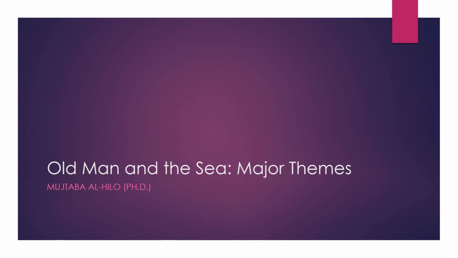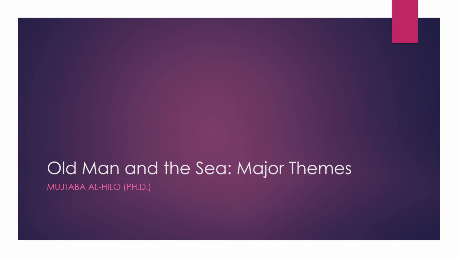In this lecture we are going to encounter the major themes. Of course, we cannot say that we have only 4, 5, 6 or 10 themes in this novel or any other literary work.